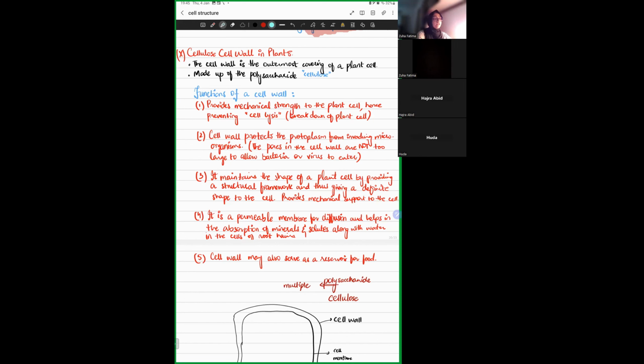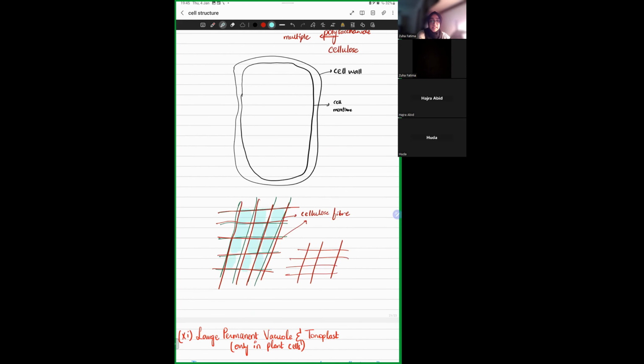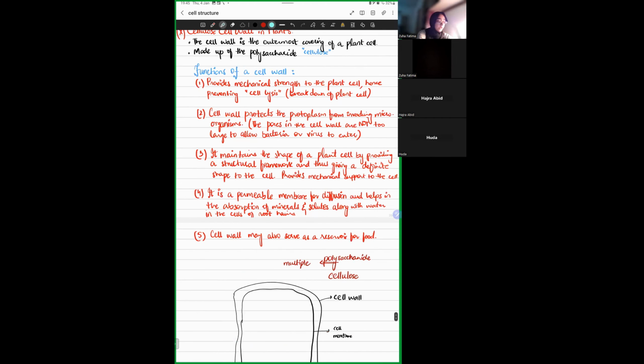I told you that cellulose is a molecule made up of smaller molecules, and those smaller molecules are cellulose fibers. Those cellulose fibers join in a crisscross alternating network, in a crisscross pattern. And the way they join together, there are some holes, some gaps remaining, and those pores allow substances to enter through the cell wall, and therefore we call cell wall a permeable boundary.